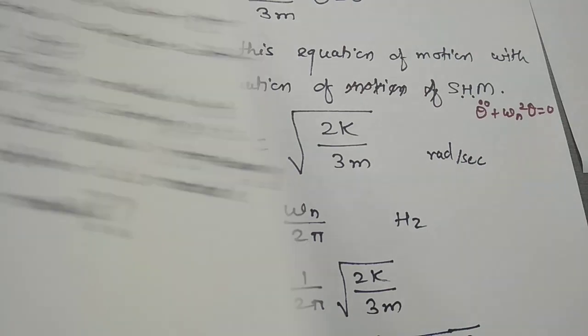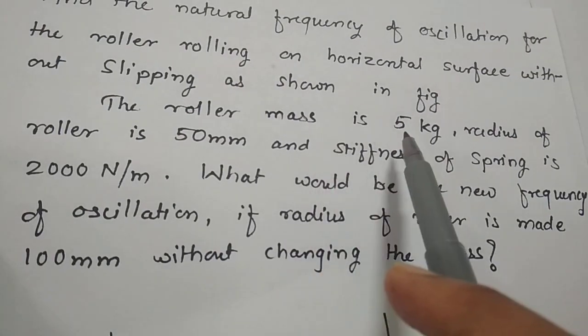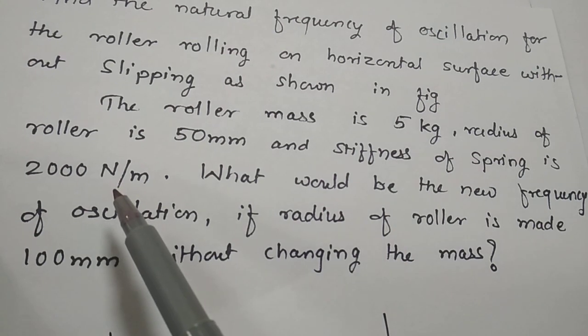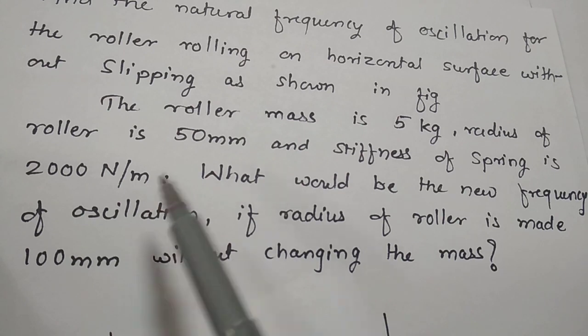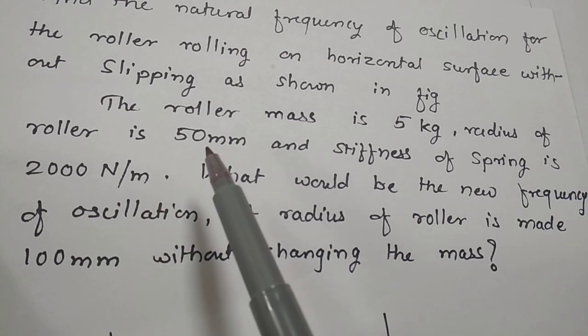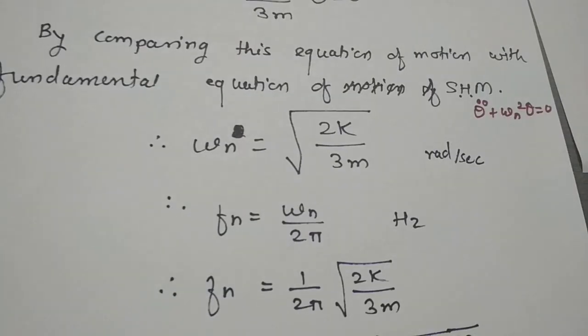What are the given values? Given is mass is 5 kg, the stiffness K is 2000 Newton per meter, and roller is 50 mm. But here we can see the only significant things are K and M.